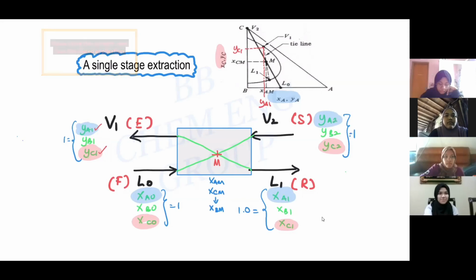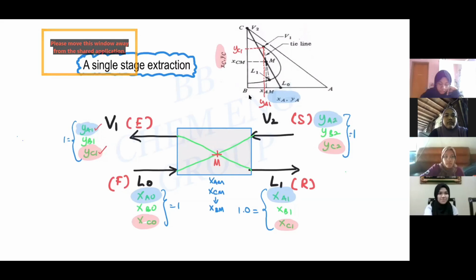That's it. Because sometimes you need to solve for YA1, which cannot be solved using the graph. So in order for you to find YA1, you need to use the mass balance or material balance. So it depends. If the graph is given, use the graph first. Try to figure out what happened.